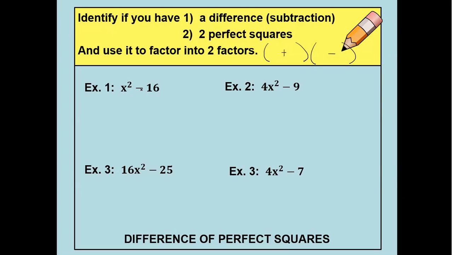So, let's double check. I have subtraction. Pass the first test. Number 2, do I have perfect squares? Well, this is perfect square, right? X squared. And 16 is a perfect square of 4. So what I can do is I can break this into x plus and x minus. Okay? Because there's technically a 1 there.